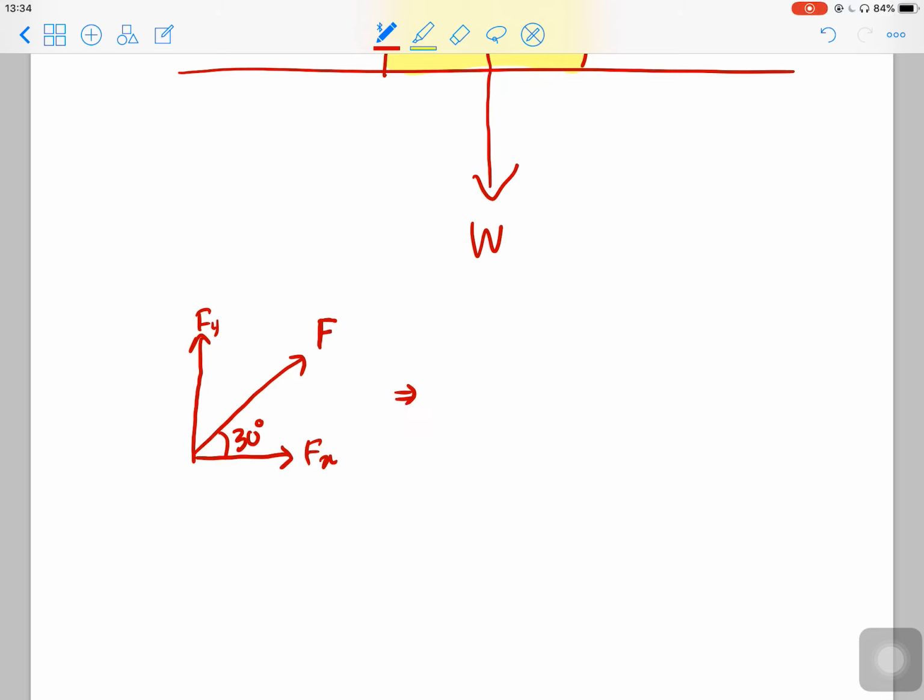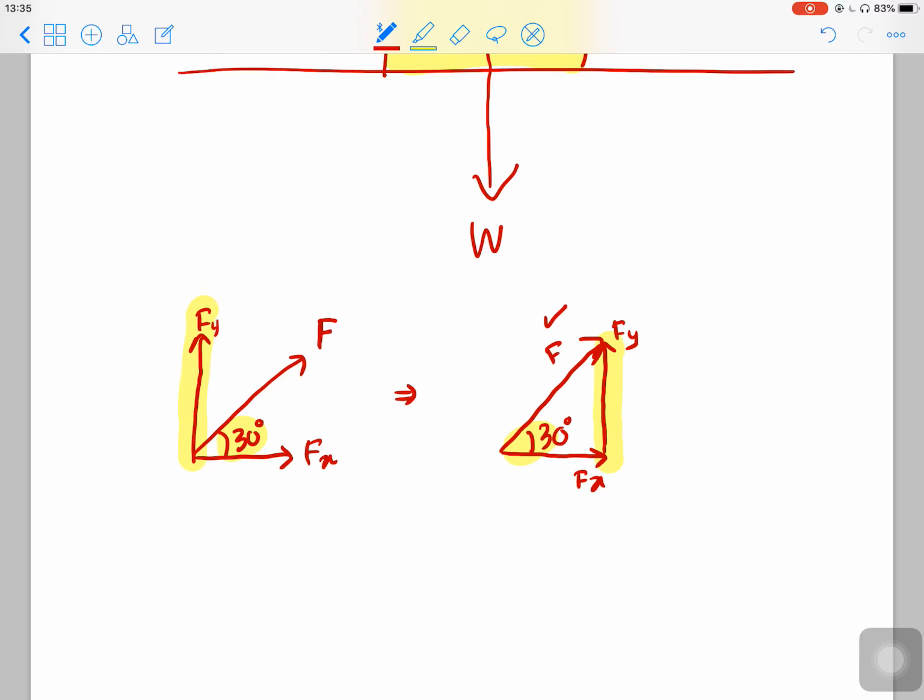So we can have the diagram more like this. This one is our Fy, this one is our Fx, and this is our F. So we have the triangle already. Technically I'm just moving this into this, but the 30-degree angle is unchanged, which means around here it is 30 degrees.